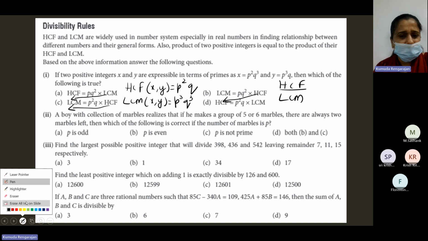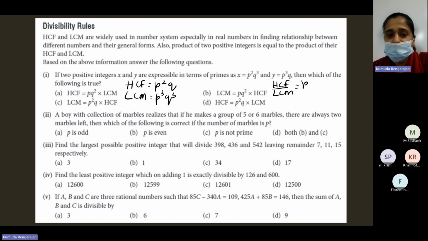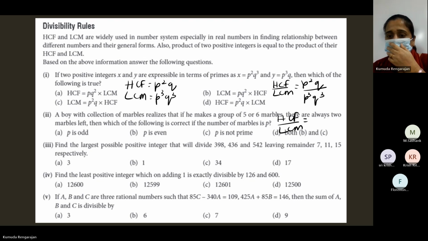So we'll also just find HCF, which is P square Q. LCM is P cube Q cube. HCF by LCM is P square Q by P cube Q cube. So what do you get? 1 by PQ square.